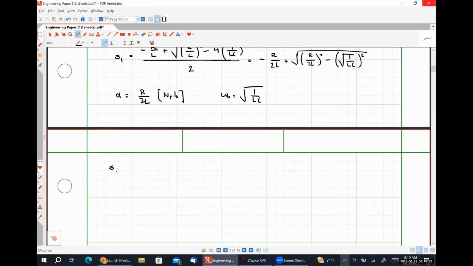So that I can express s1 now as negative alpha plus the square root of alpha squared minus omega naught squared. And s2 will be equal to negative alpha minus the square root of alpha squared minus omega naught squared.